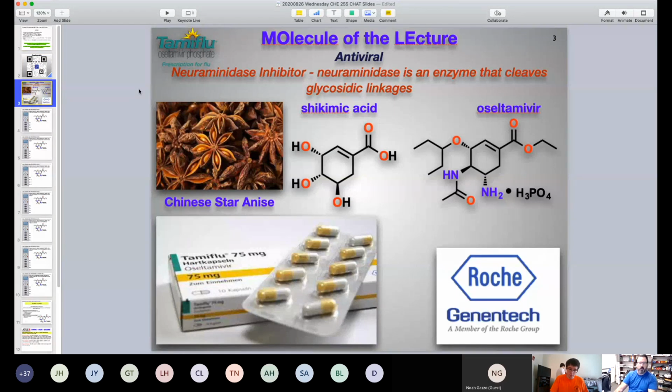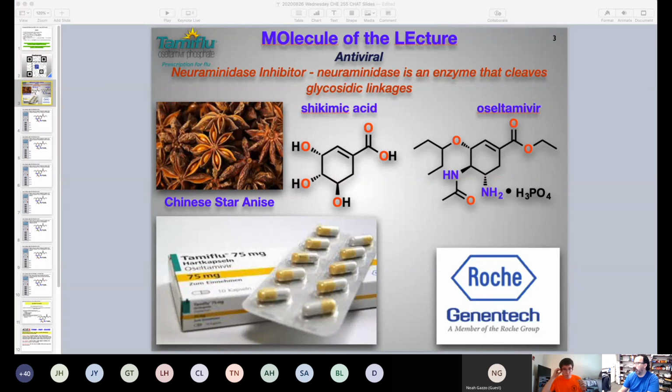So our molecule of the lecture is known as Tamiflu. It's a neuraminidase inhibitor. And basically what that is, if you look at this word here, neuraminidase, the -ase is indicative of an enzyme. An enzyme is a large molecule in your body that performs a specific chemical reaction.